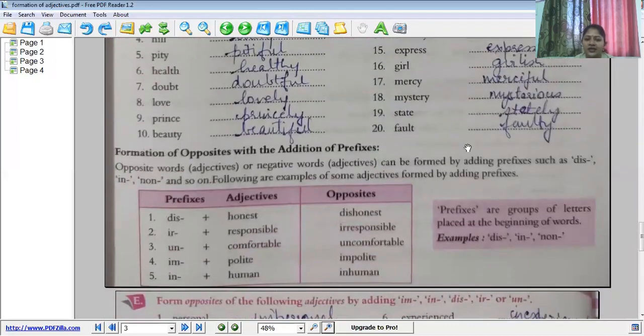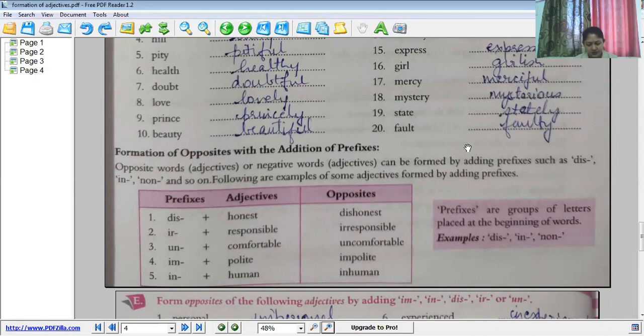Opposite words or adjectives or negative adjectives can be formed by adding prefixes such as dis, in, non, and so on. Following are examples of some adjectives formed by adding prefixes. Okay. Now here it's given dishonest. Dis plus honest will become dishonest. Ir plus responsible will become irresponsible.